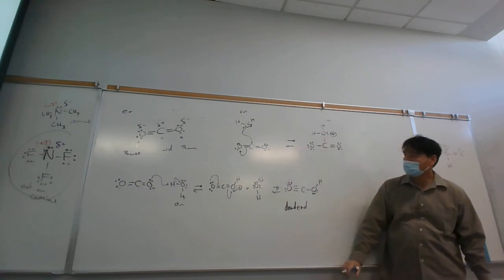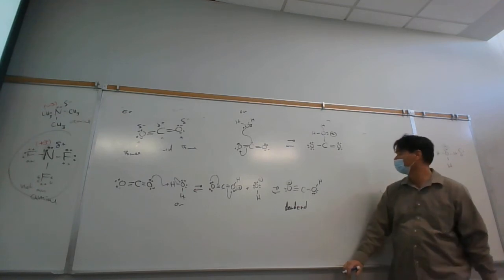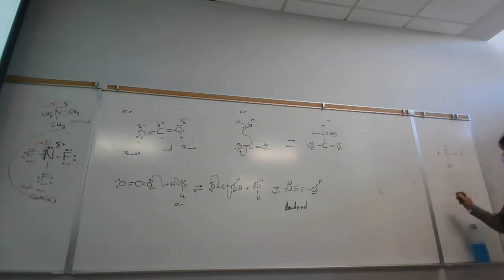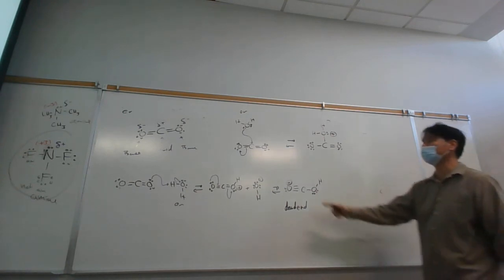What makes hydroxide a good base? Hydroxide is an excellent base compared to water. Hydroxide is a much better base. Why? Because it has a full negative charge rather than a partial negative charge, like water. Water just has a partial negative charge.